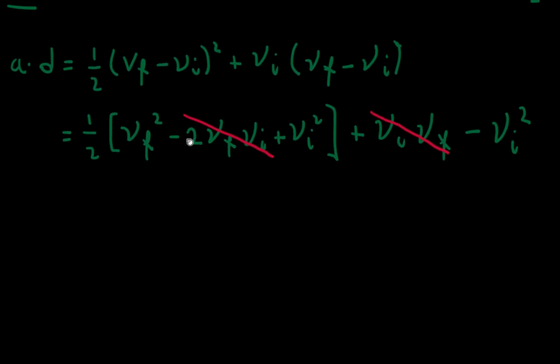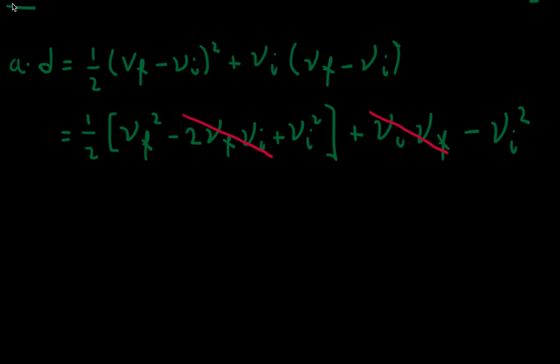So just for the sake of completeness, let me write this out, and let me change it up a little bit. There you go. So this is 1/2 velocity final squared plus 1/2 velocity initial squared minus 1.